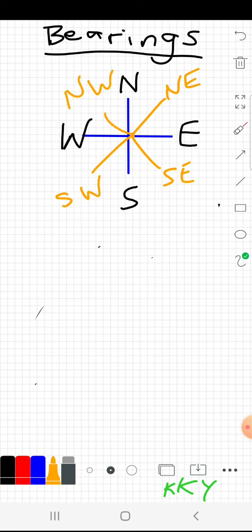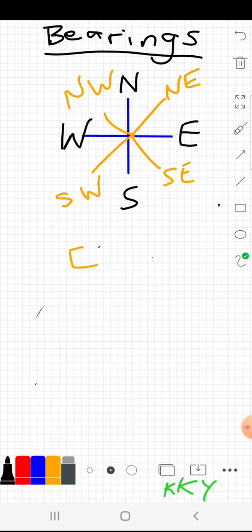Now, if you look at this very well, I did not write east south. There's nothing like that here, because we only read from the north or the south for our compass bearing. Compass bearing is read from the north or the south. But three-figure bearing is read from the north only. So this is basically the first thing you need to know.